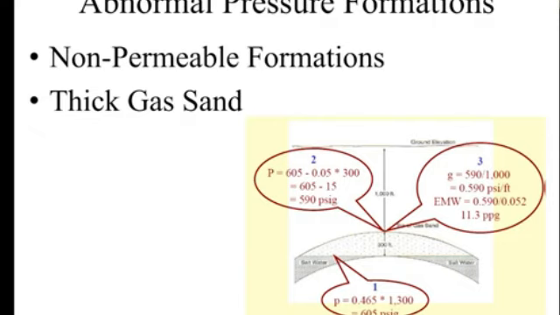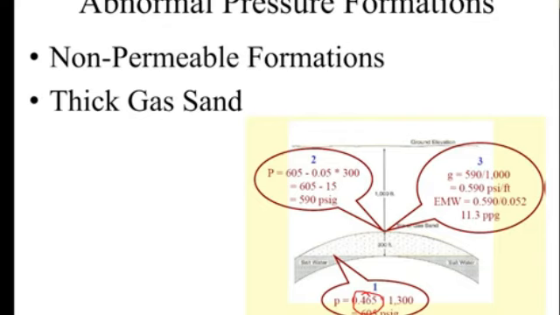The normal pore pressure gradient is 0.465, as you can see here. If we want to calculate the pressure right at the top of the gas cap, we should be able to calculate the required mud weight to enter and drill the gas cap without experiencing any kick.